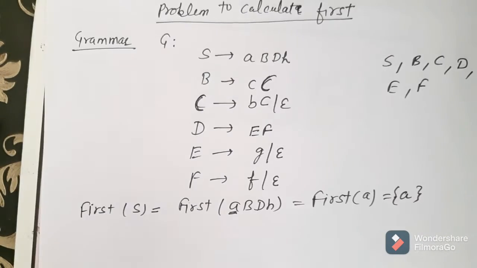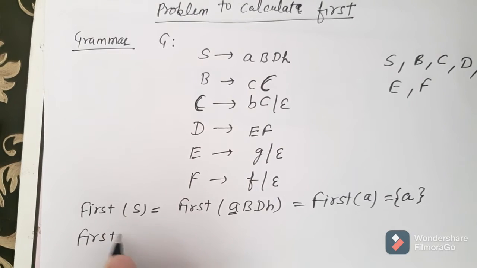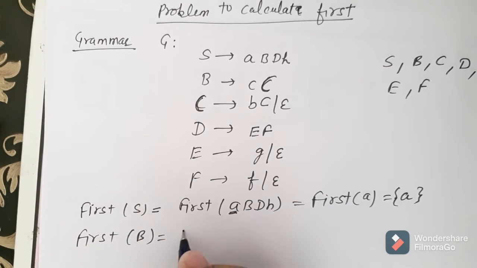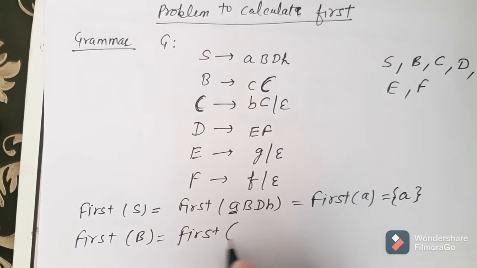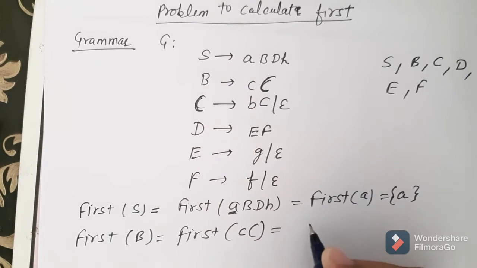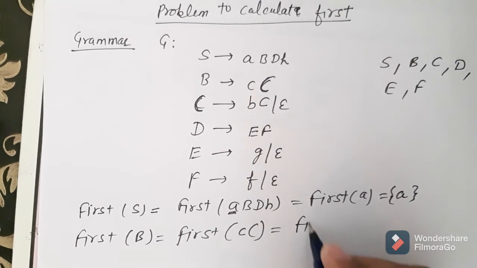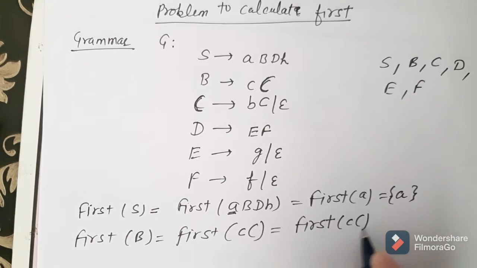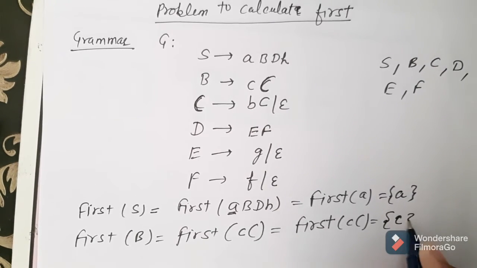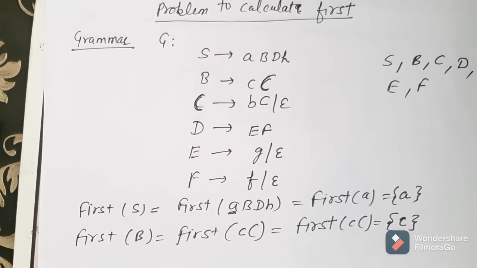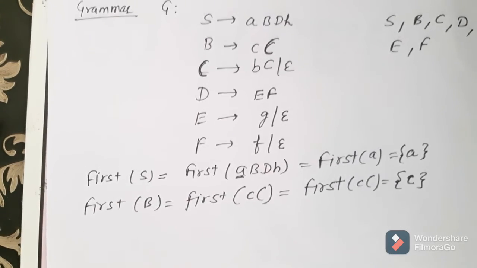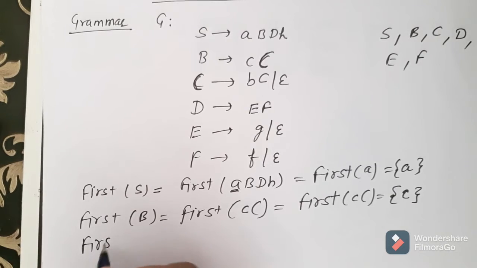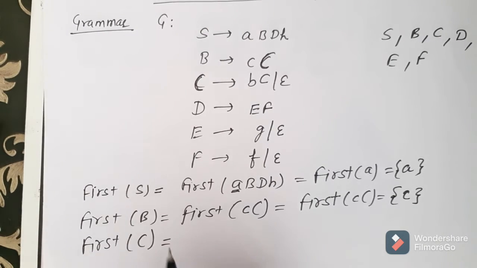No problem. And now I will calculate the first of B. First of B is first of CC. And first of CC, here again I am finding the terminal symbol, so no problem in writing. I write directly C.